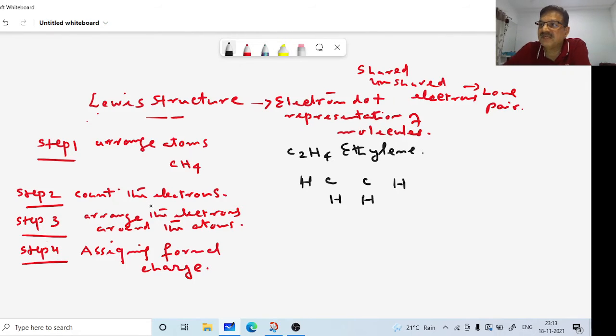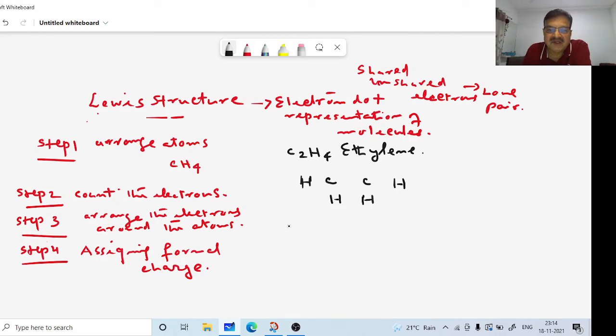Now, what is the next step? Counting the electrons. So, step 2, count the electrons. You have to follow those steps only. Now, what is step 2?